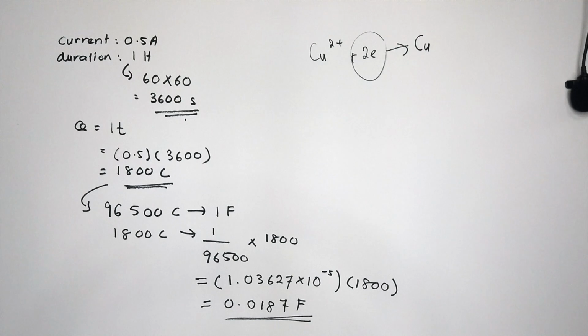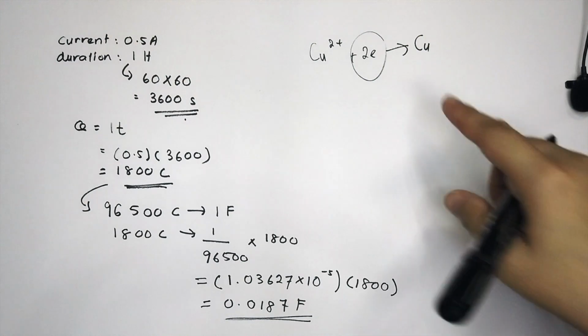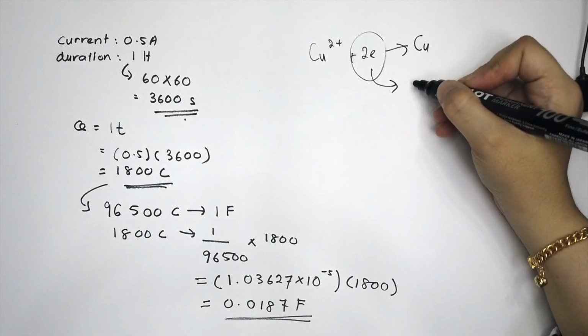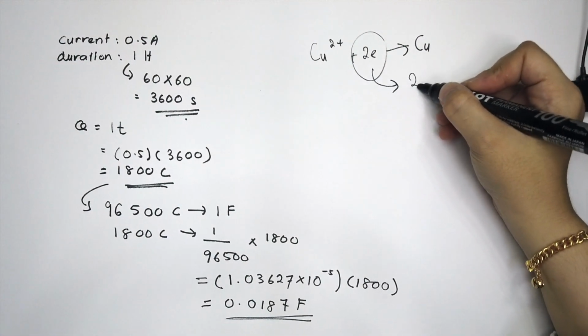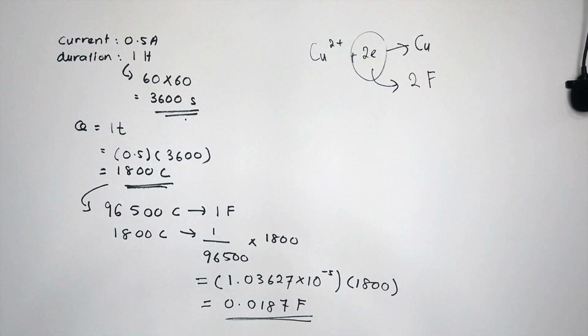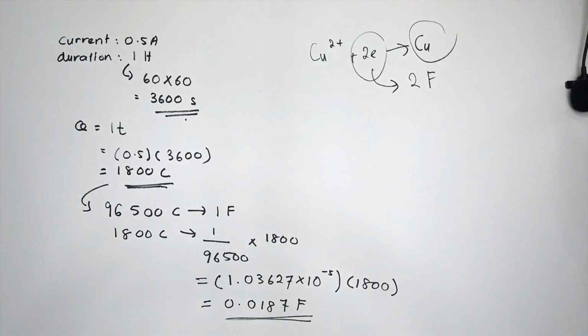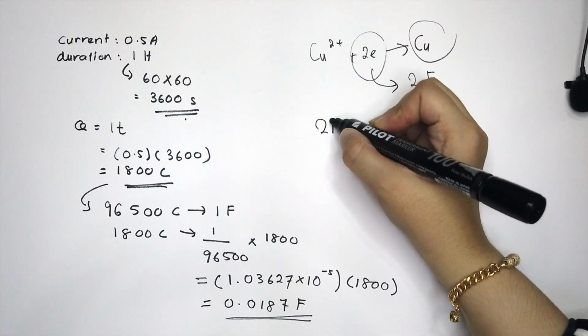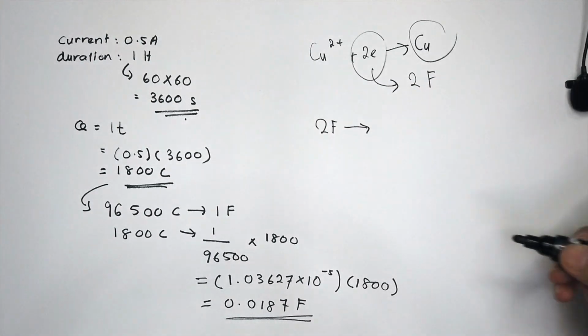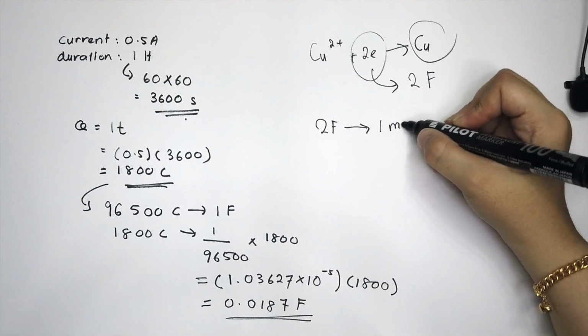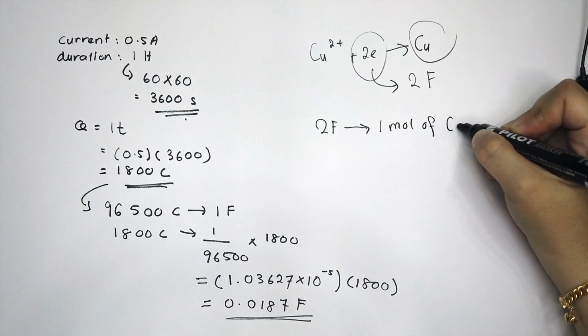So the number of electron is actually how much Faraday that you need. So since we have 2 electron, means that is equivalent to 2 Faraday. So in every 2 Faraday will produce 1 mole of copper. So 2 Faraday will produce 1 mole of copper.